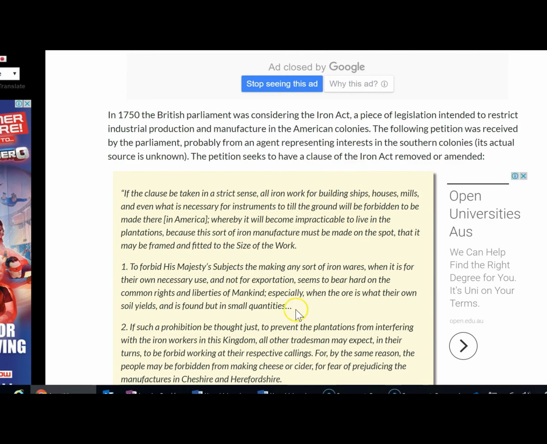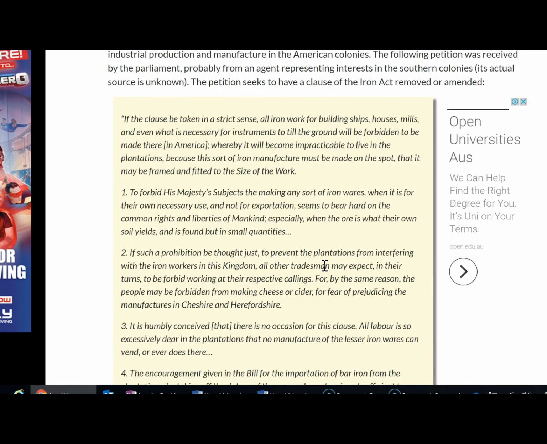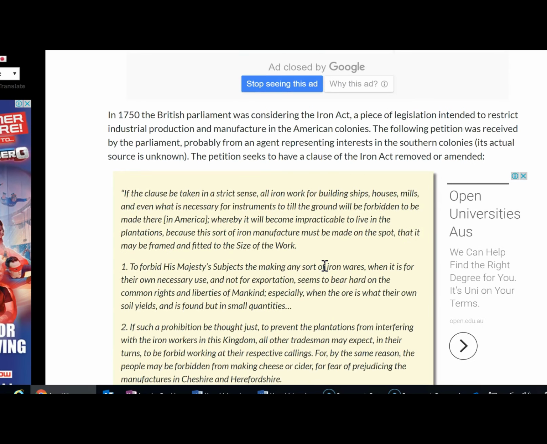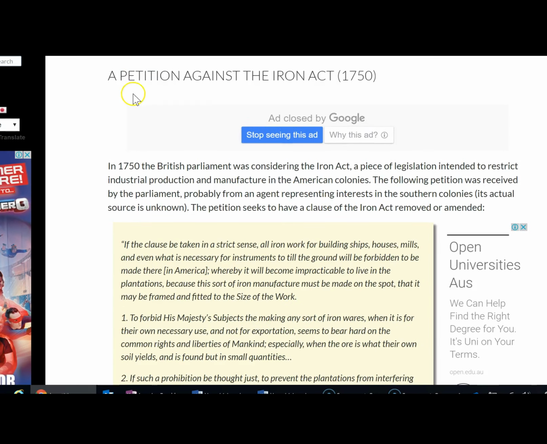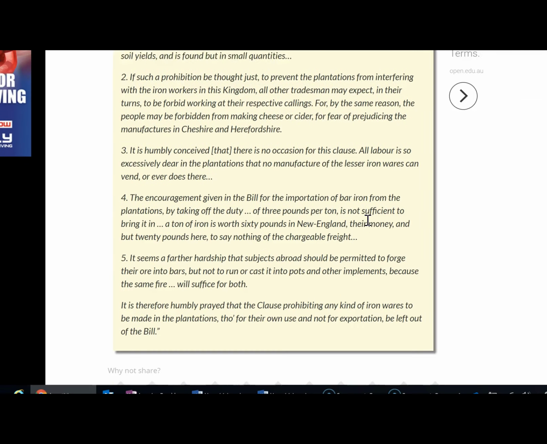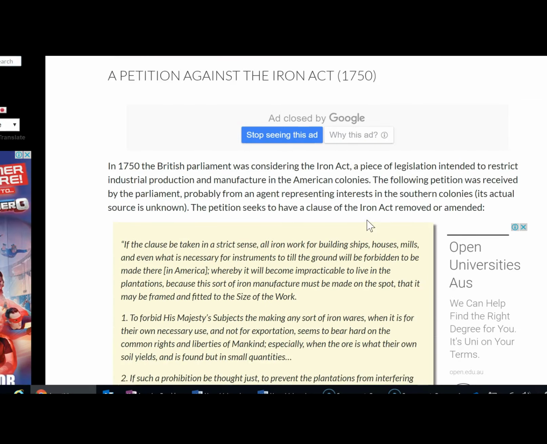And if you use some of these quotes down here, then you'd look at that. It's still on a website, but basically the petition against the Iron Act would be what its title is, and its origin would be British legislation, and who, British politicians, and you'd be basically referencing it that way in that table. I hope that makes sense.